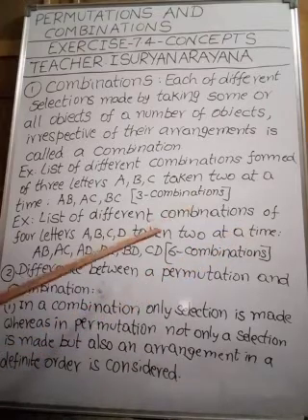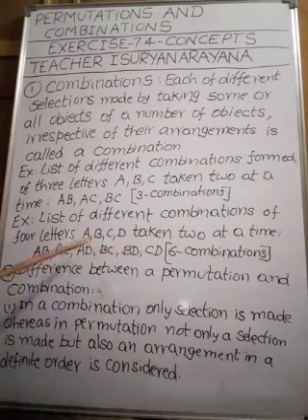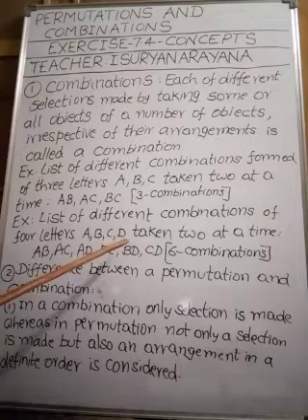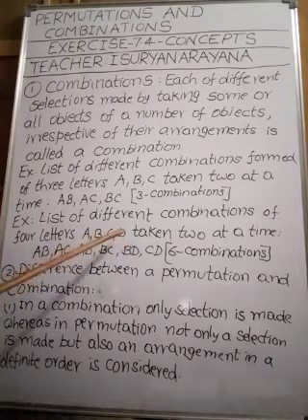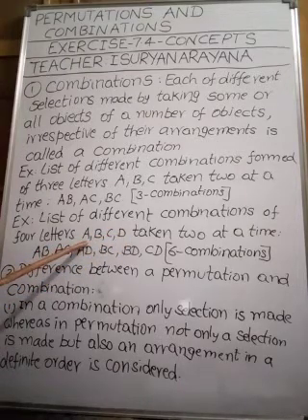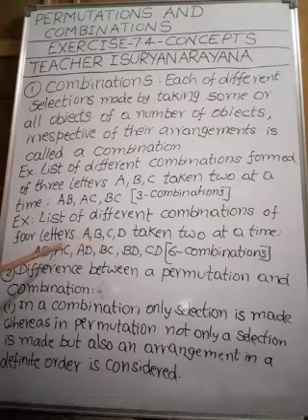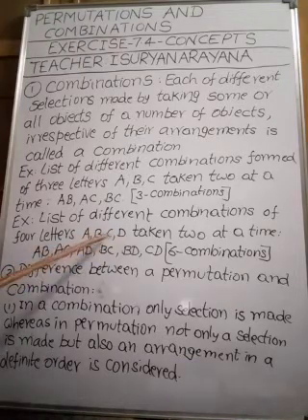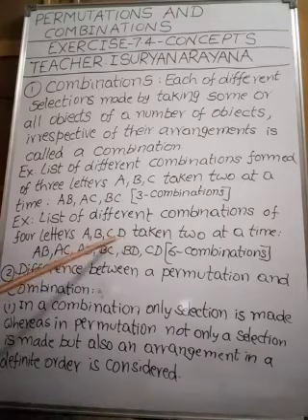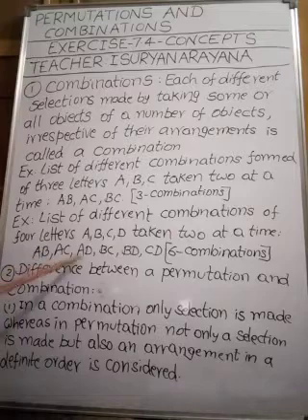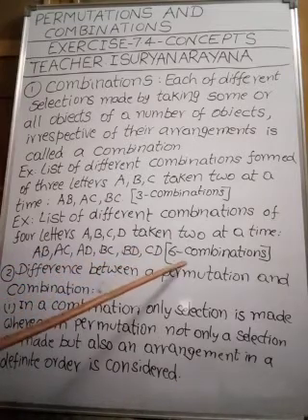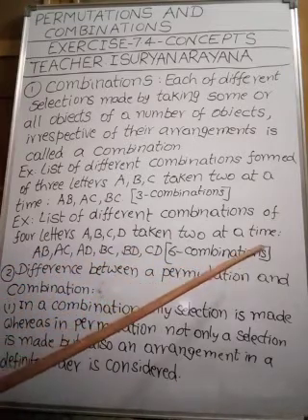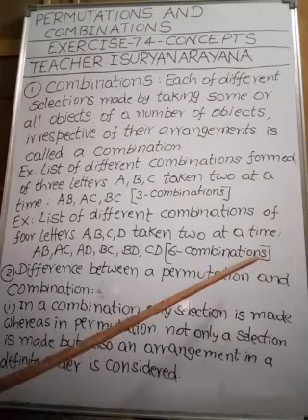If we are selecting only two letters at a time from these four letters, how many combinations are made? AB, AC, AD, BC, BD and CD. How many combinations are there? 1, 2, 3, 4, 5, 6. So total 6 combinations. Understood this point, my children?